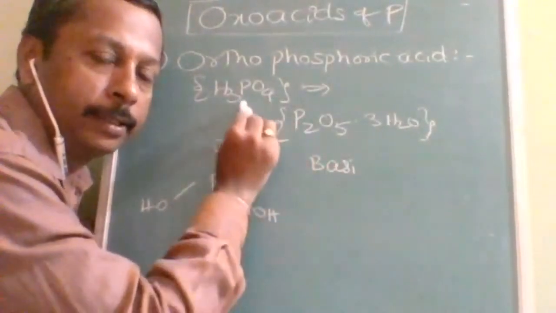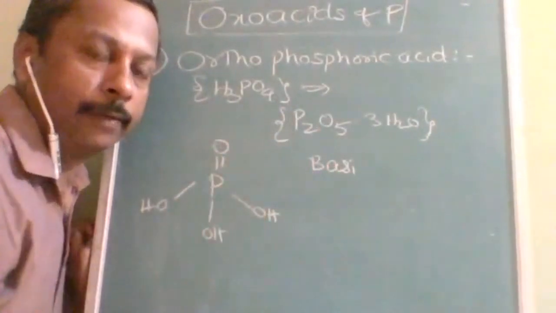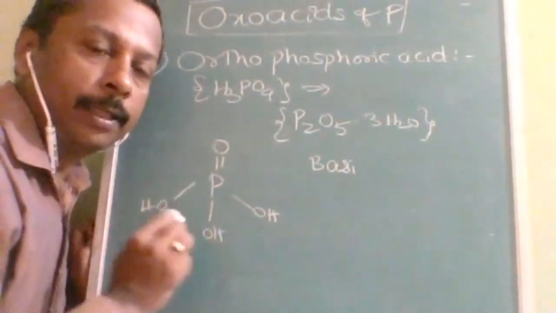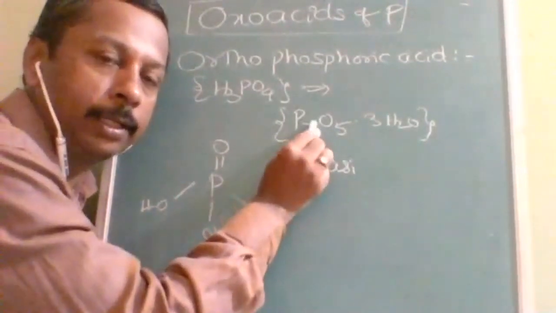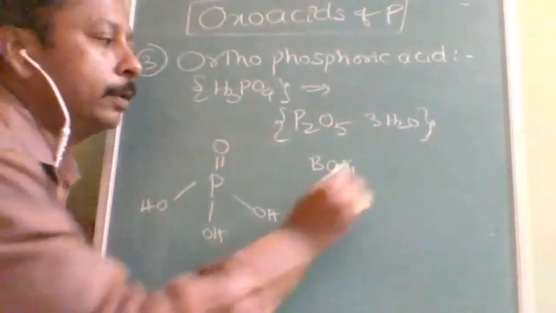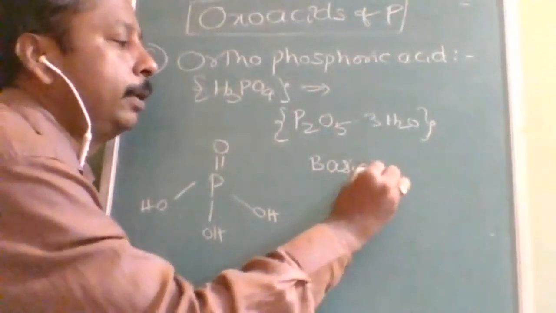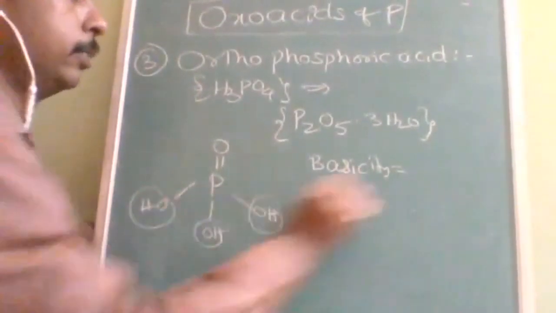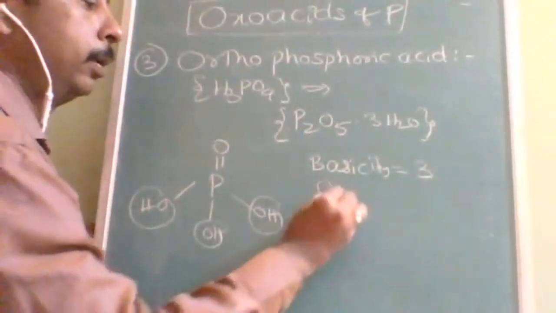Likewise, its acidic anhydride is P2O5. There you remembered P2O3, otherwise P4O6. Likewise, here it is going to be P4O10. This 3H2O remains as it is. Okay, basicity. What is the basicity? 1, 2, 3. So basicity is equal to 3.